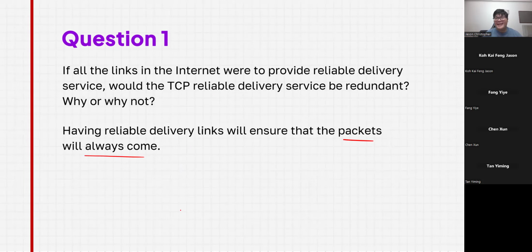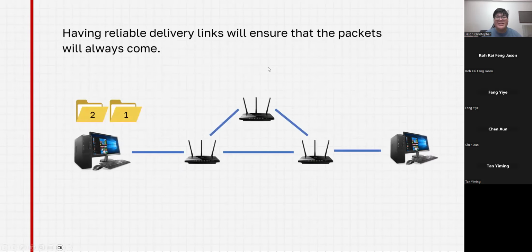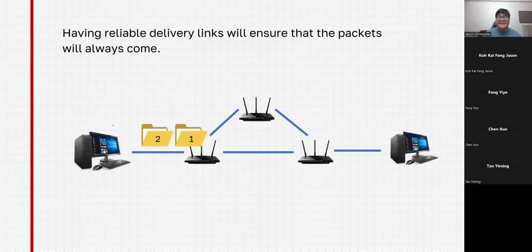Okay, so let's see. There's actually a main condition that we have to see. Suppose that this host wants to send two packets, exactly as what Jason mentioned here. Say two packets are being sent. But because of packet switching, it might not always go through the same route. It depends on whichever route has less congestion at that point.